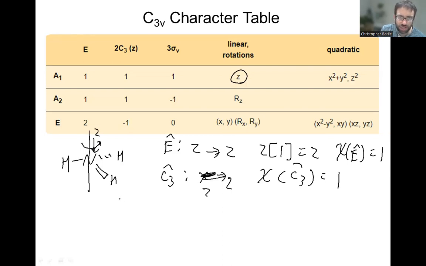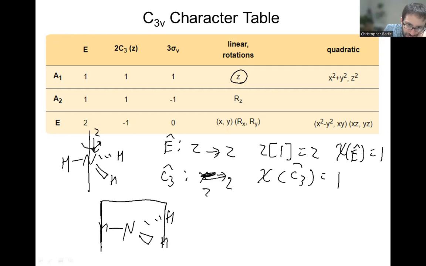And the last one here is your mirror plane. So let's draw one of the mirror planes. You can use any mirror plane you want, any of these functions. But there's a mirror plane, for example, cutting through any of the hydrogens. So let's just draw the easiest one to draw, in the plane of the presentation. That takes this hydrogen into that hydrogen, right? It's going to swap those.